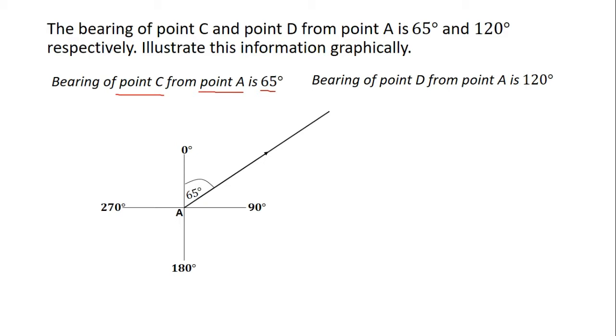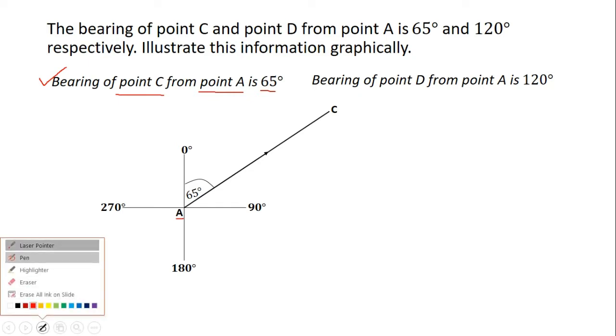So from 0 in the clockwise direction, you measure 65 degrees, then you draw the line. So this is our starting point, point A. We have drawn the angle on the diagram, 65 degrees. Our ending point is point C. So you indicate that on the diagram. So we are done with the first part. The bearing of point C from point A is 65 degrees.